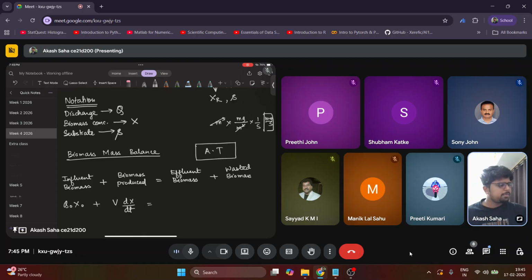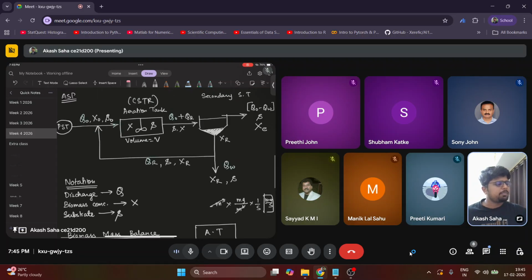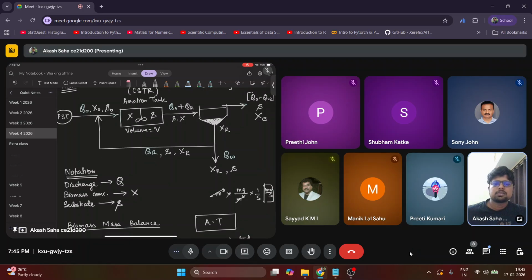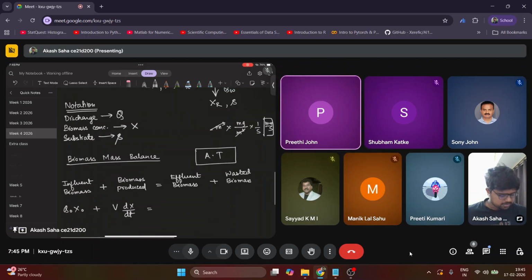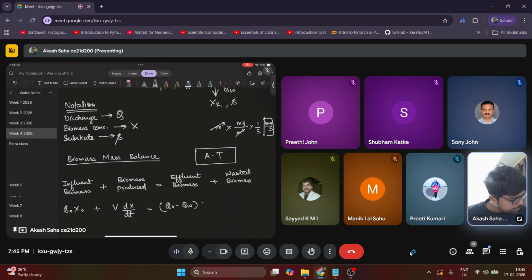Now what will be the effluent biomass? Q naught minus QW into XE. Yes, nice. So it will be Q naught minus QW into XE, and similarly the wasted biomass will be nothing but QW into XR.